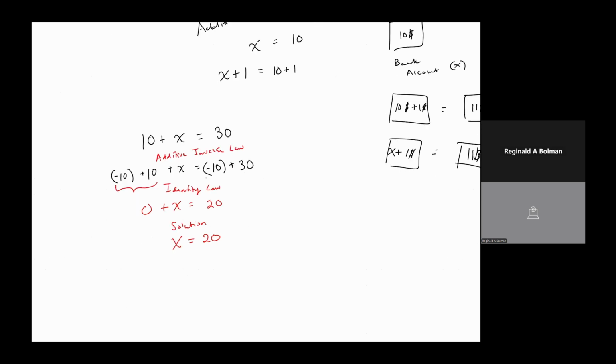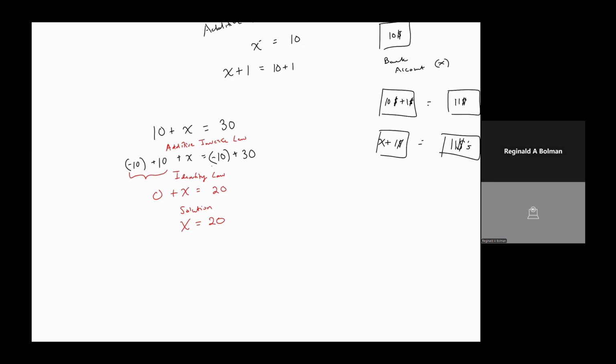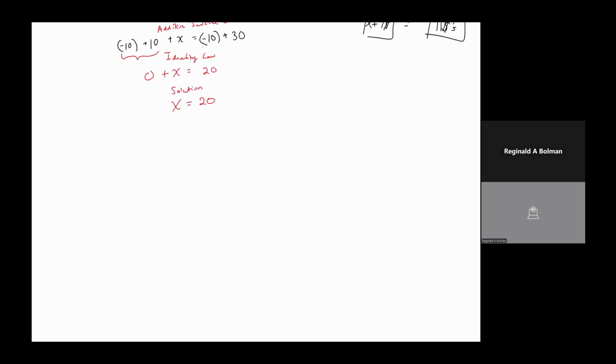Some students might tune this portion of the video out, because they'll say, well, this seems rather superfluous. If I could just guess at the unknown number being 20, why would I go through all of these extra steps in order to find my answer? And the answer is, we're using a very basic example to demonstrate a principle.